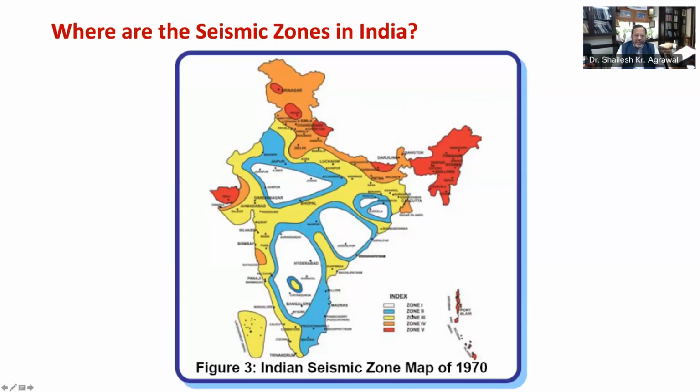In Zone 2, it is 6. Zone 3, it is 7. Zone 4, it is 8. And Zone 5 will have maximum modified Mercalli intensity of 9 or more. Parts of Himalayan boundary in the north, the region which you see in red, and northeastern region and Kutch area in the west were classified in the seismic zone 5.